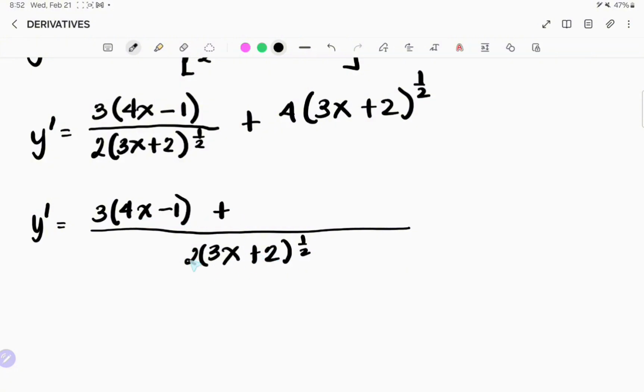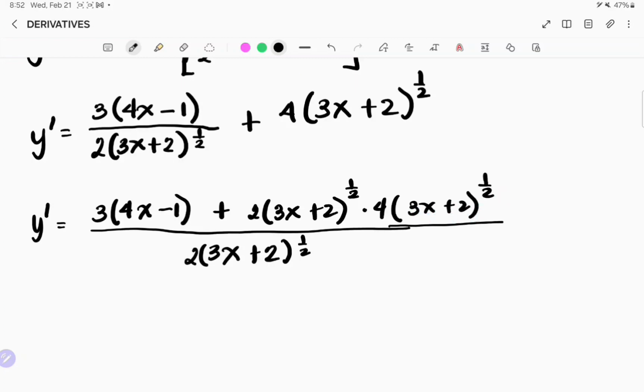If we are going to divide this LCD by our denominator here, which is 1, it will give us the LCD. So I am going to write the LCD here, that is raised to 1 half, to be multiplied by the numerator. And the numerator is 4 times 3x plus 2 raised to 1 half.